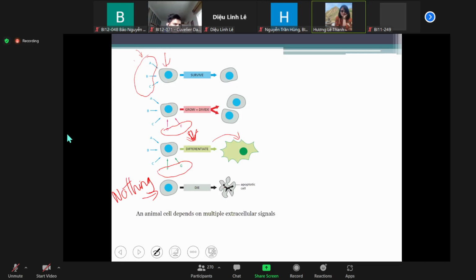When we receive no information from the environment, no message from your friends or your parents, you're still alive. But the cells, if they lack at least the ligand that stimulates them to survive, they will die. If they receive nothing, they will die. They kill themselves by apoptosis.